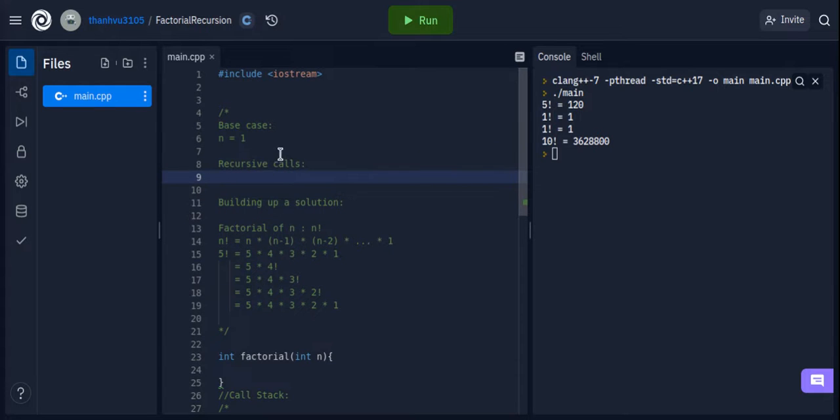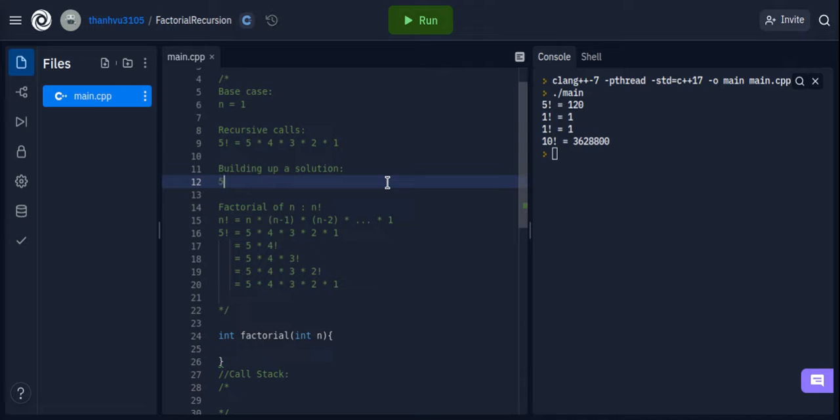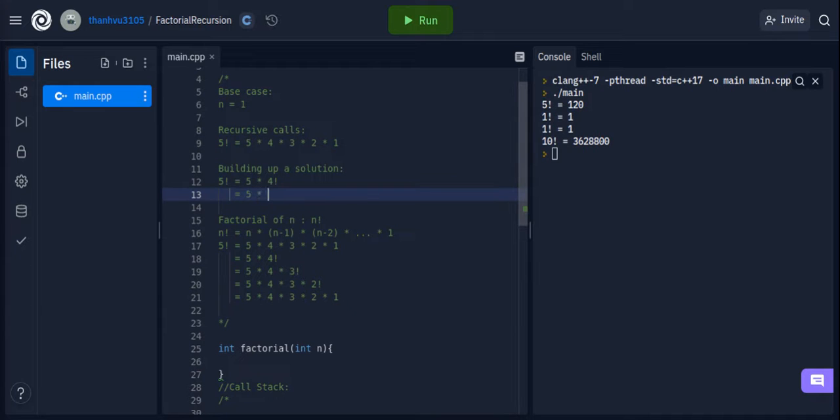So we have the factorial of 5, which is 5 times 4 times 3 times 2 times 1, and in building up the solution we would have 5 factorial equals 5 times 4 factorial, and 5 times 4 times 3 factorial, and so on.